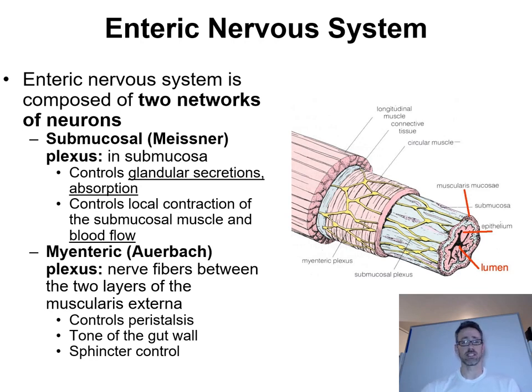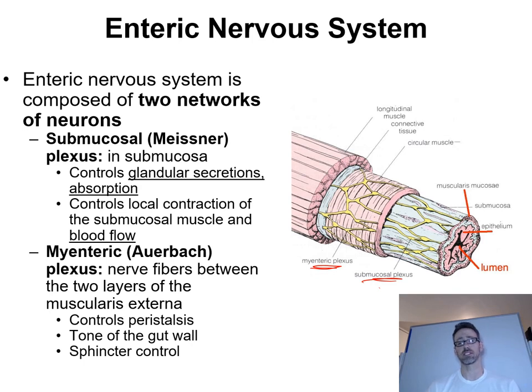But if we were to disconnect the parasympathetic and sympathetic innervation, the enteric nervous system built into the GI tract, with the myenteric plexus as well as the submucosal plexus, would actually carry out a lot of the activity.